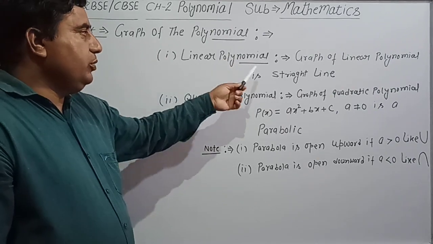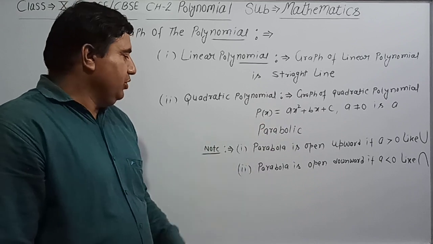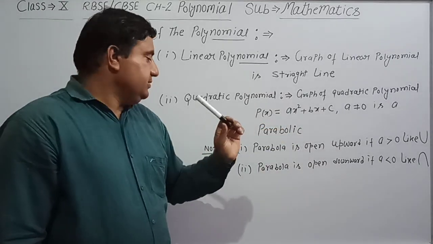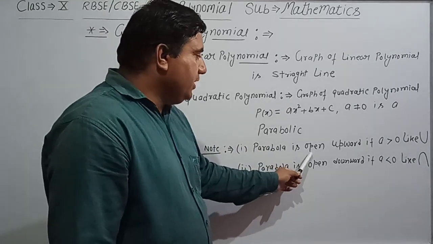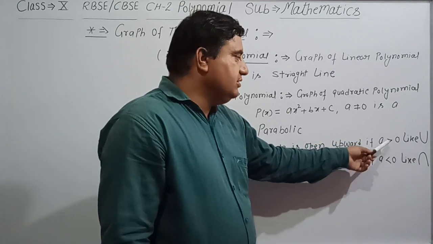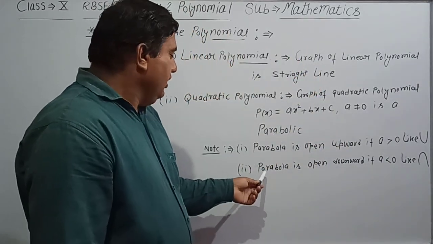Graph of linear polynomial is a straight line, graph of quadratic polynomial is a parabola. Parabola is open upward if a greater than 0, like a U shape.